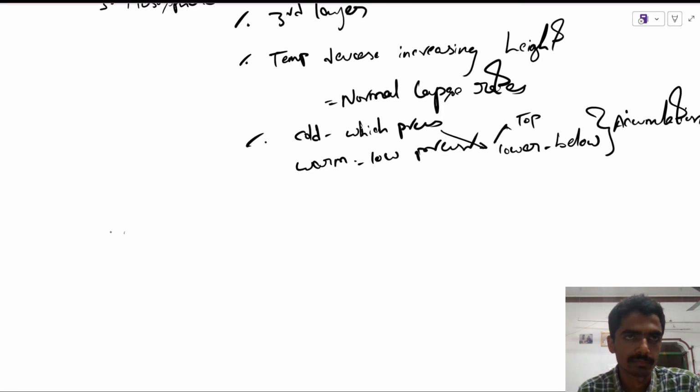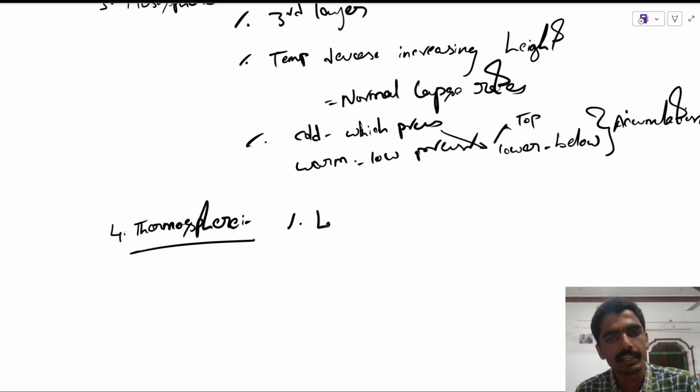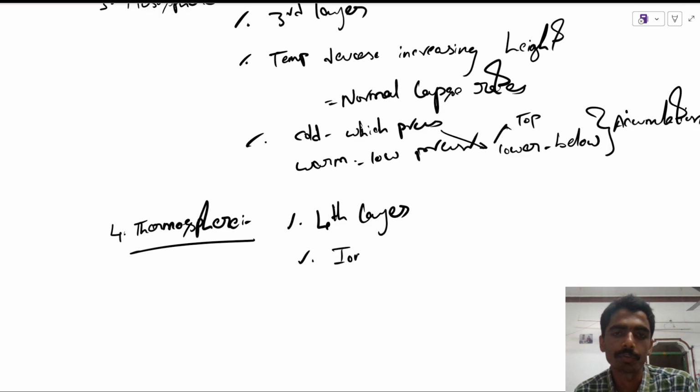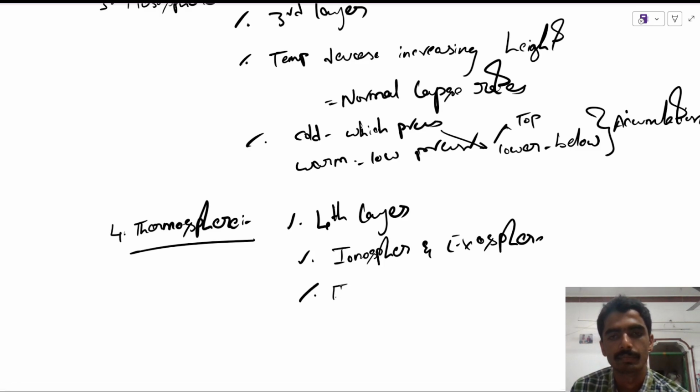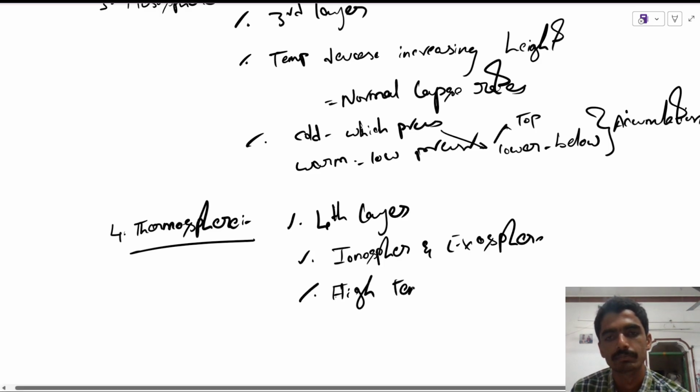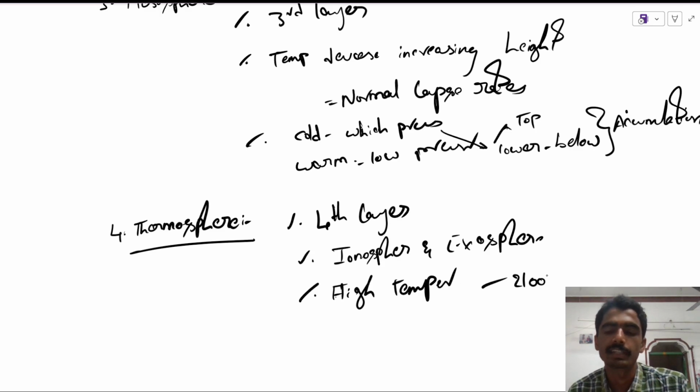Then the thermosphere. This was the fourth layer. In this itself, it is divided into the ionosphere and exosphere. This was the highest temperature layer, above 2100 degrees Celsius.